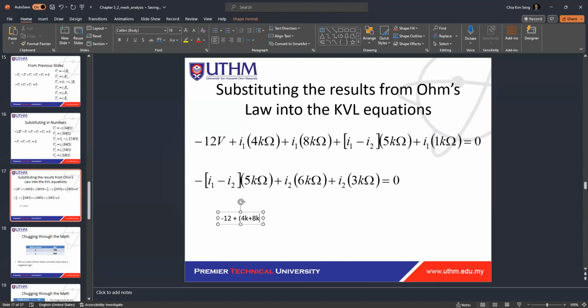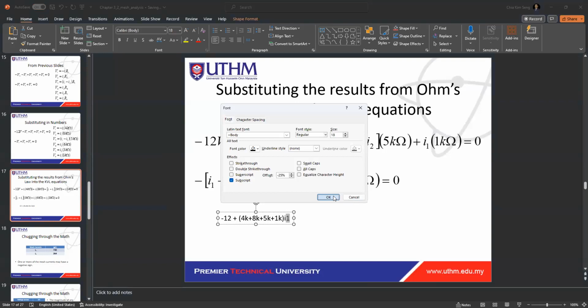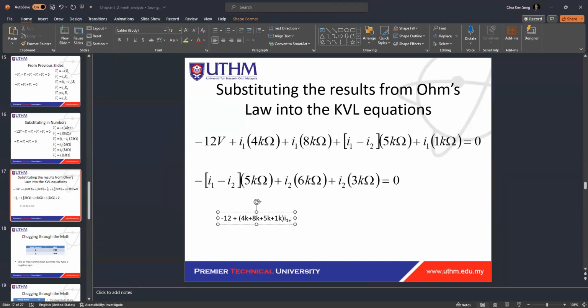And then you plus again, here you have a 5K, and then you plus again, the last term is a 1K for the I1. So I1, let me make it subscript.